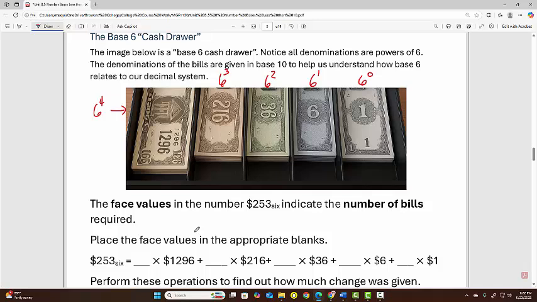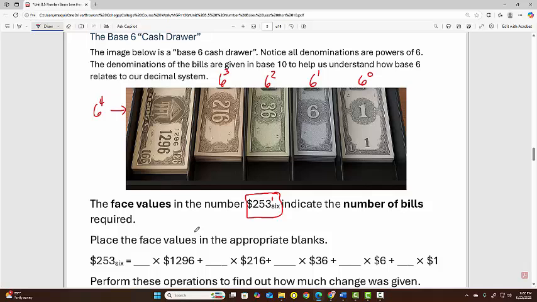Now, let's say that we had to give someone 253 base 6 dollars. The face values in the 253 base 6 indicate the number of bills of each type that are required. Now remember, the position tells us which bill we're talking about.